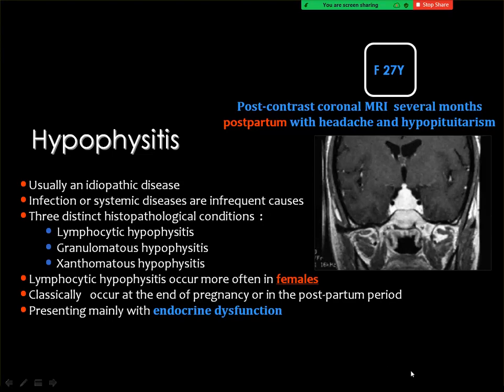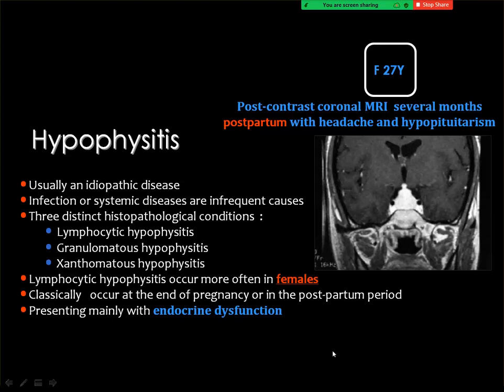For lymphocytic hypophysitis, you should have this typical history, which is a female patient in the reproductive period with recent delivery, several months. Then you get headache and hypopituitarism.